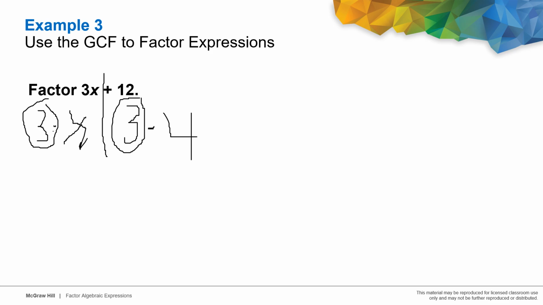So our GCF is 3. Now we just divide our expression by 3. 3x divided by 3 gives us x. 12 divided by 3 gives us 4. And we are successfully factored.